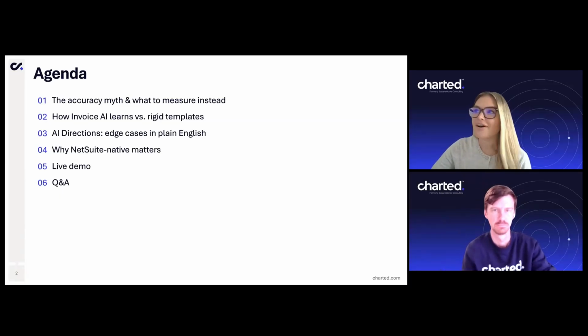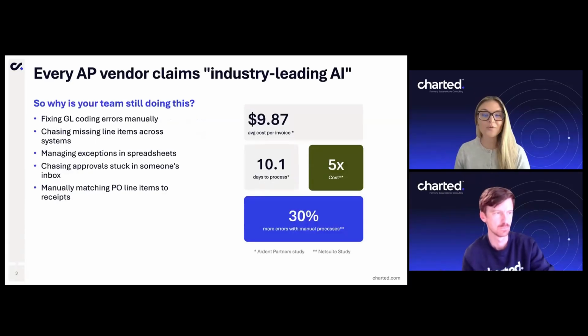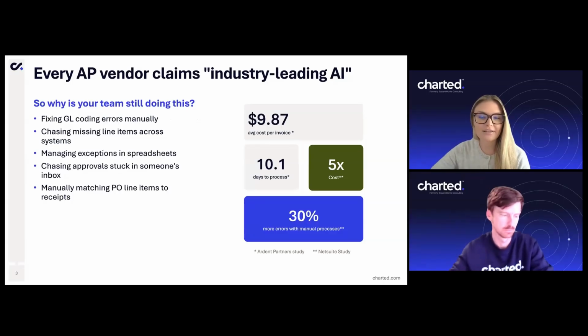All right, awesome. Before we get into the solution, I wanted to ground us in some of the reality that most AP teams are living with every day. I'm guessing some of this is going to feel familiar. You may have people on your team manually recoding GL entries because the system didn't get it right the first time.